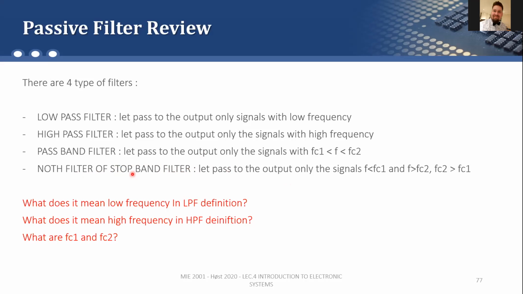Instead, the stop band filter or the notch filter lets pass practically all signals except those that are inside of the range FC1 and FC2. Okay, so it lets pass all the signals with frequency lower than FC1. It lets pass all the signals with frequency higher than FC2, but not those between FC1 and FC2, where FC2 is greater than FC1.